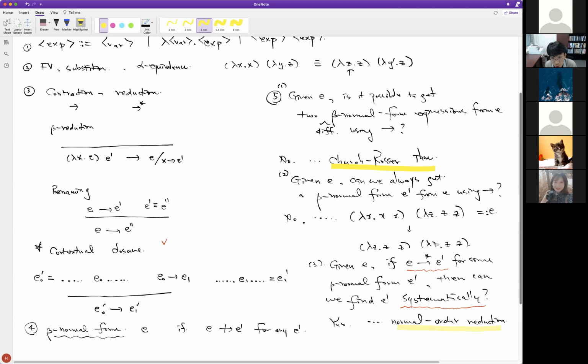Then we will talk about the fact that the contraction and reduction relations are a very aggressive evaluation strategy. They form the basis not just of a typical runtime system of programming languages, but also of many program-manipulating algorithms in compilers and verification tools. For instance, symbolic execution and partial evaluation are based on this contraction and reduction relation.